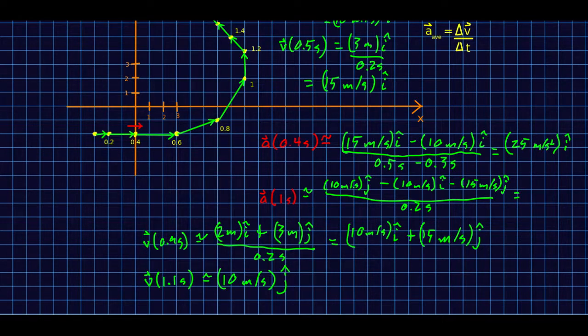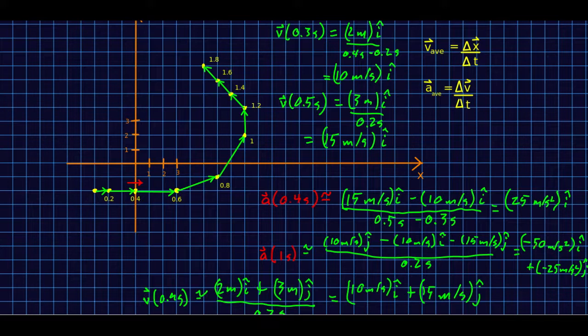And so I'm going to get negative 10 over 0.2, which is negative 50 meters per second squared in the x direction, and negative 25 meters per second squared in the y direction.